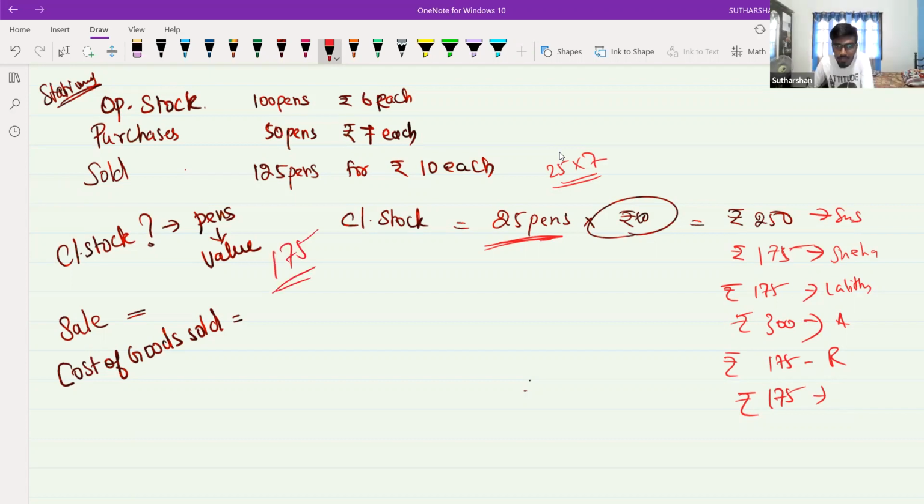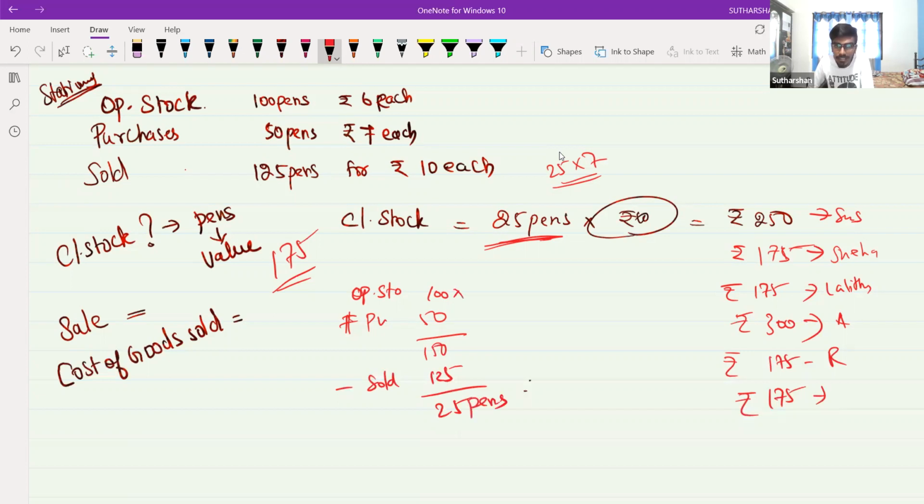How is it 175? I have an opening stock of how many pence? 100 pence. Then I am purchasing how many pence? 50 pence. Total I have 150 pence. And I sold 125, so I am left with 25 pence.